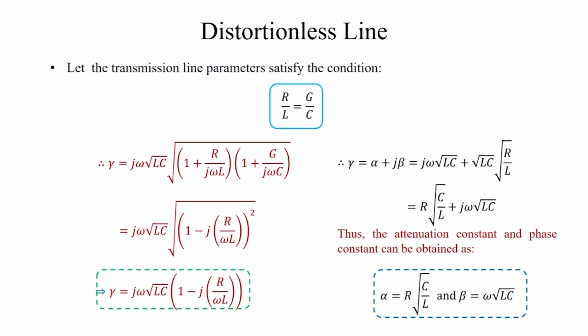This is a specific condition in a transmission line, and if it can be achieved, then there won't be any distortion of the signal.